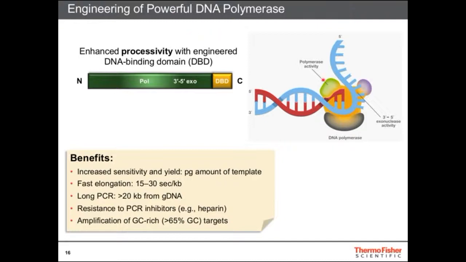This yellow image here is the DNA binding domain of the polymerase, and we genetically engineered this using fusion chimeric proteins to create an enzyme that not only gave us better processivity, which gives improved yield when we do our amplification, but we also wanted to make sure that it was fast, that we were able to do long PCR.